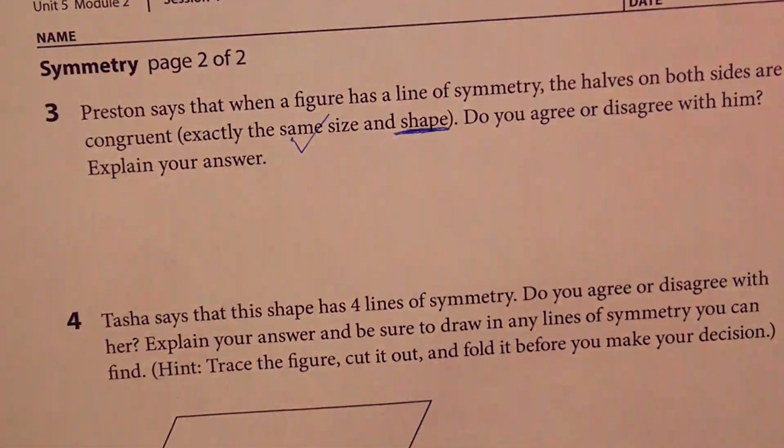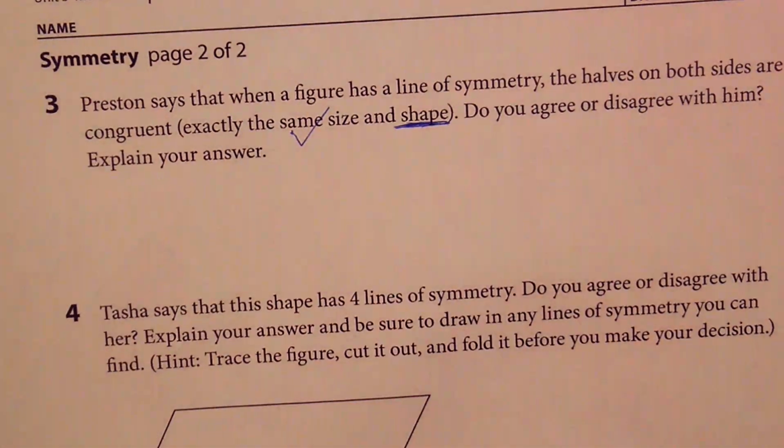Because if I take, let's say, oh gosh, I don't know if I have any grid paper nearby to be able to show you. Oh, of course I do. Right there. Hello.